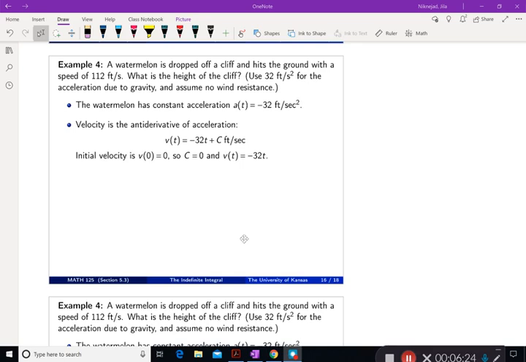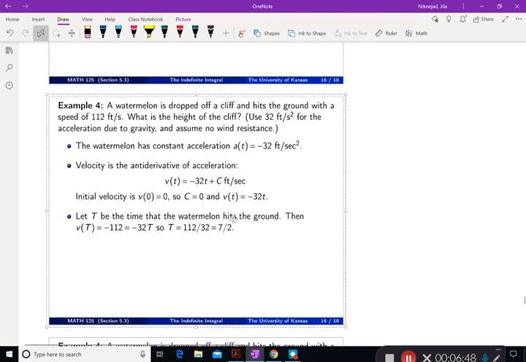The velocity function is a function of t, so through that I can find the time that has to pass for the watermelon to hit the ground, and from there I have to find the s of t, or height of t, to be able to plug the time back in and get the height.